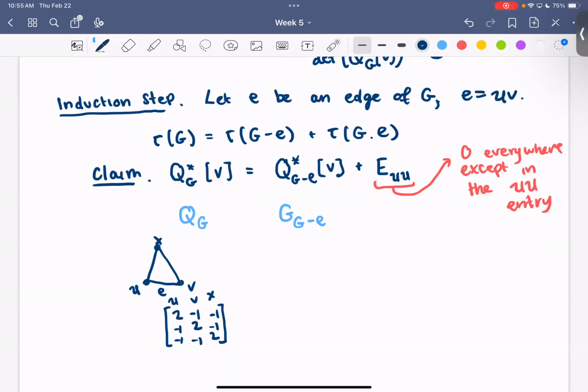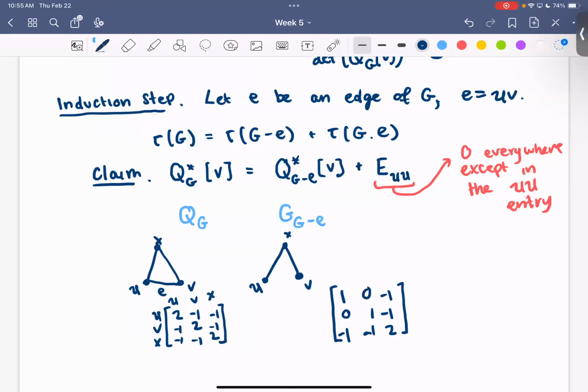Is that matrix looking right for Q sub G? Okay, and then what happens when we delete the edge E? Now U and V both only have degree 1. The row and the column corresponding to X stay the same. But here now we have zeros.